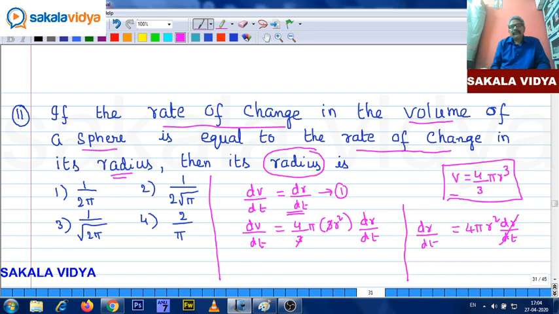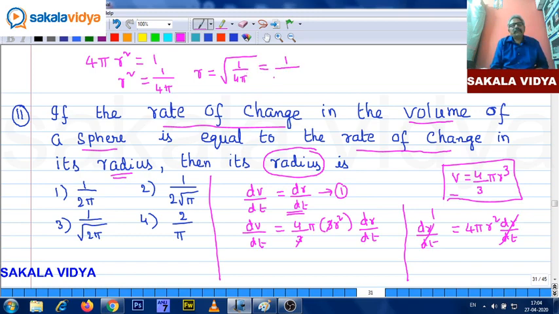Now, the dr by dt gets cancelled. We have 4 pi r square is equal to 1. So, now r square is equal to 1 by 4 pi. We need to find out radius. R is equal to root over 1 by 4 pi. Square root of 1 is 1 and square root of 4 is 2 and root pi. 1 by 2 root pi. Second option is the right option.